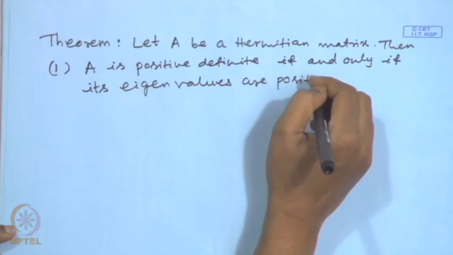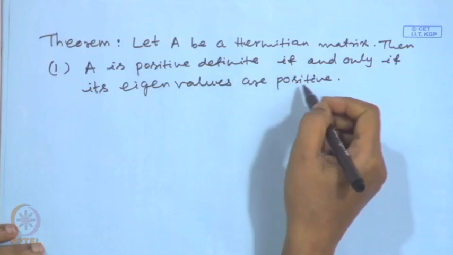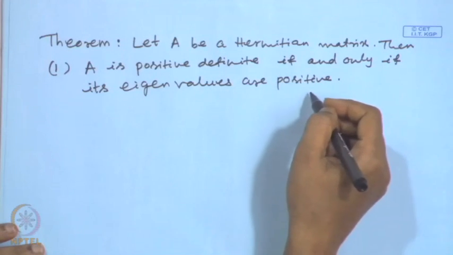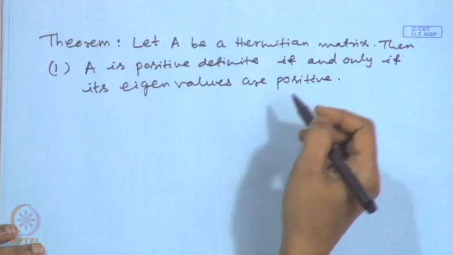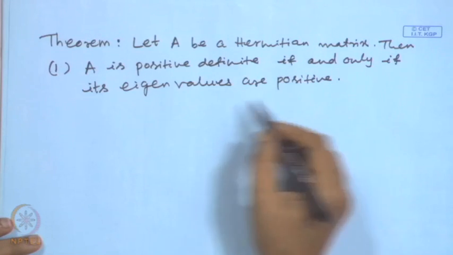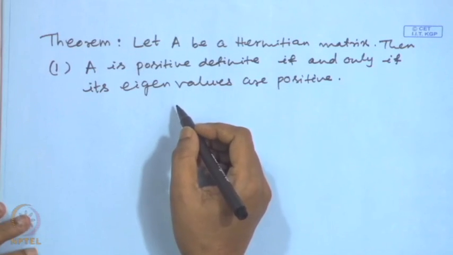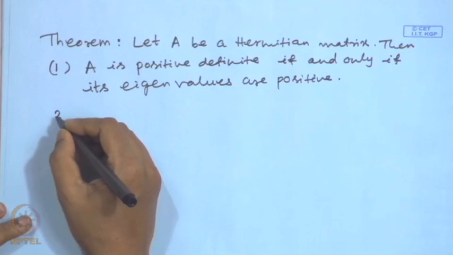It says that for a positive definite matrix, all its eigenvalues are positive, and for any Hermitian matrix, if its eigenvalues are positive, then the matrix will be a positive definite matrix.